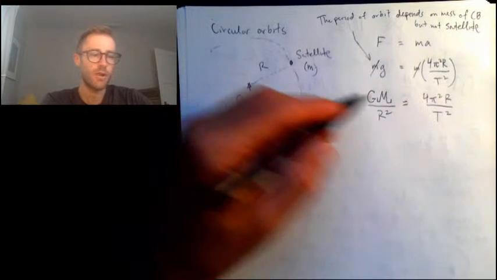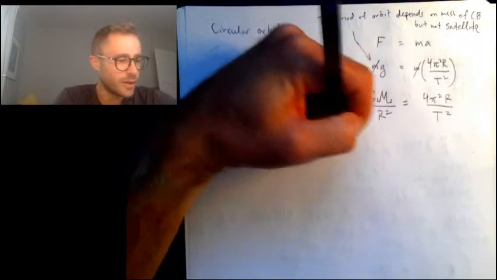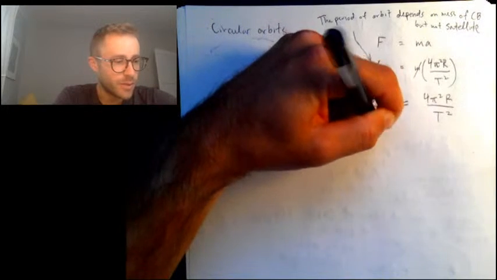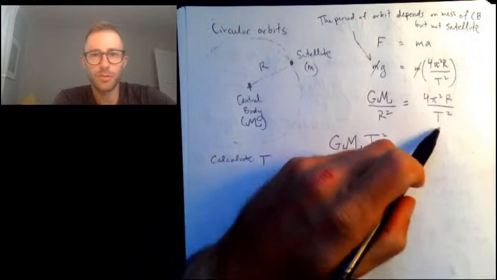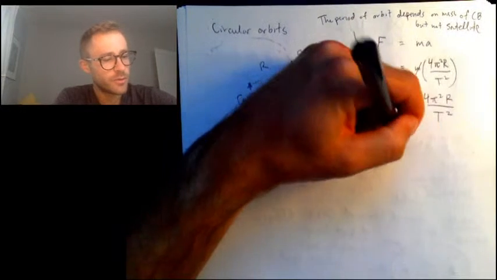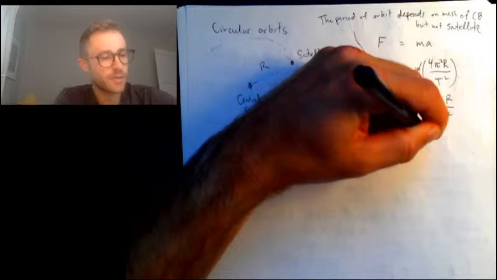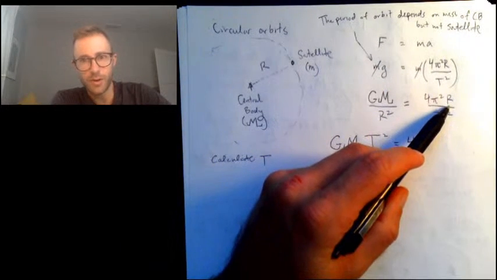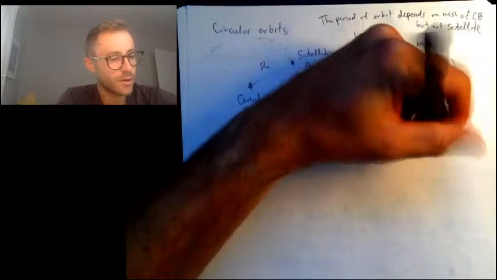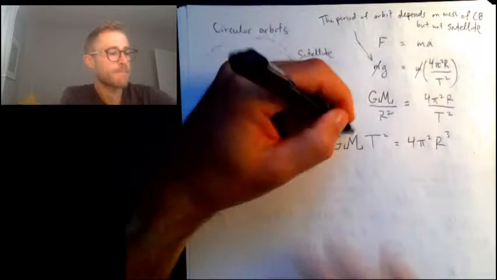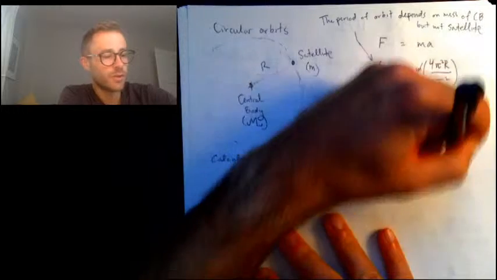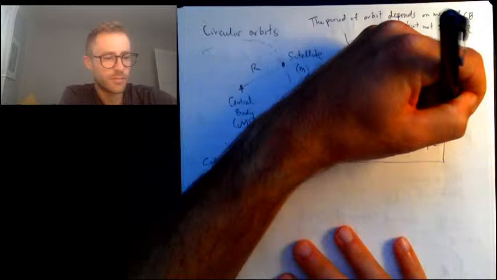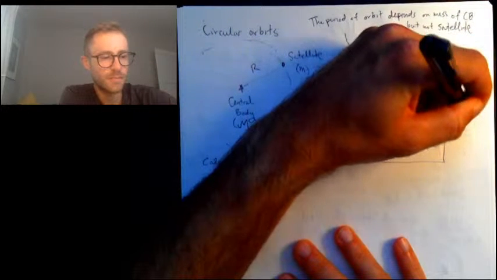What you get is big G times big M times period squared, equals 4 pi squared r. Now I've cross multiplied this r squared over, so now I have r times r squared, which is r cubed. So this is our main result for today. I believe it's called Kepler's Third Law.